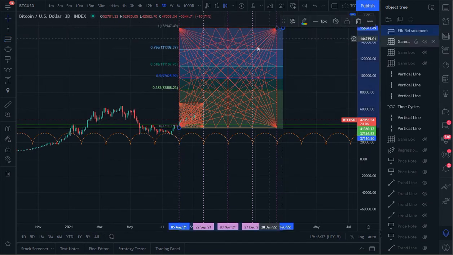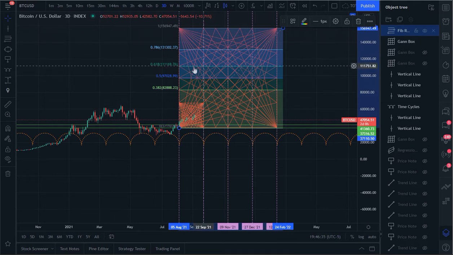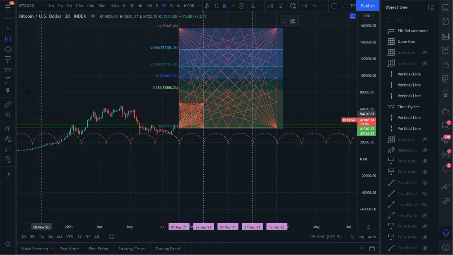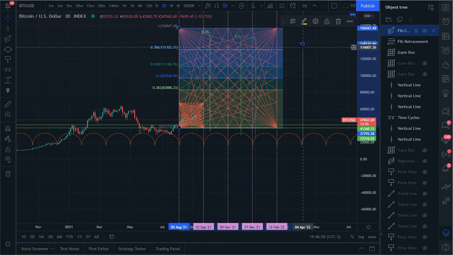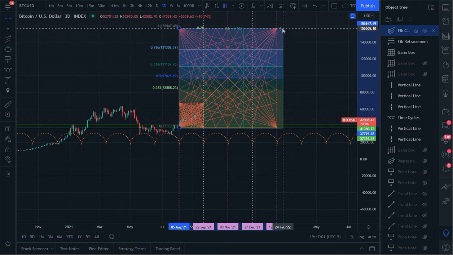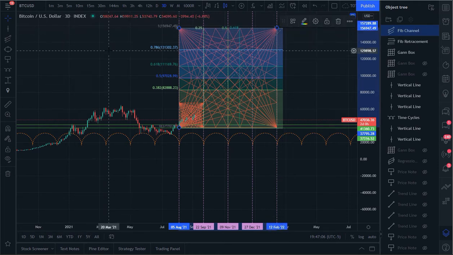So I need this 0.618 here, and with the channel I need the other, not this one because it's a time zone, but the fifth channel, I have the other, a similar thing. So I will need to line up here with this part and these other parts here at the box vertices, and now I have my 0.618 here.